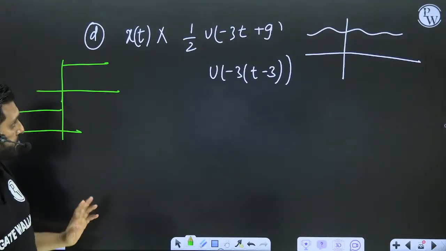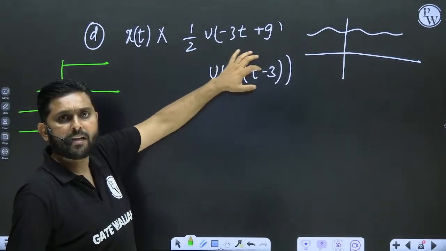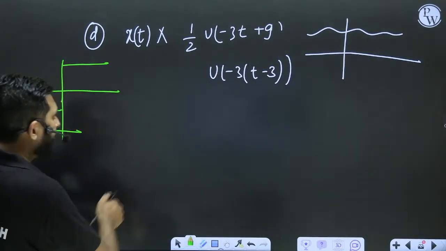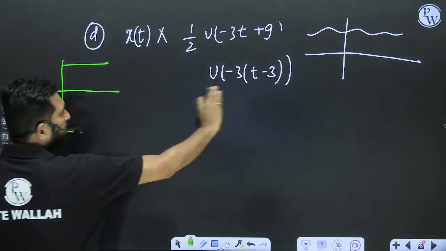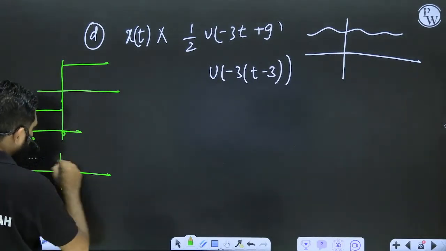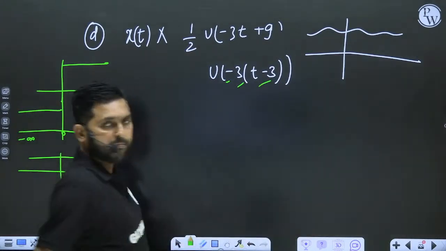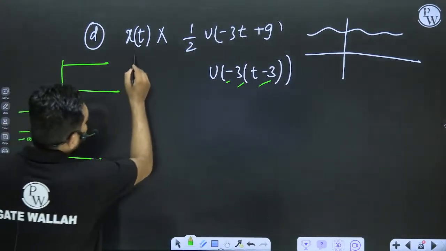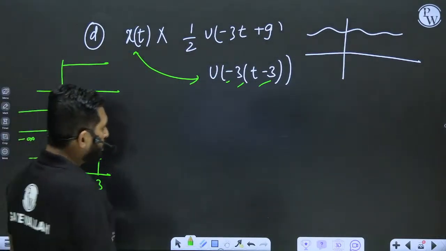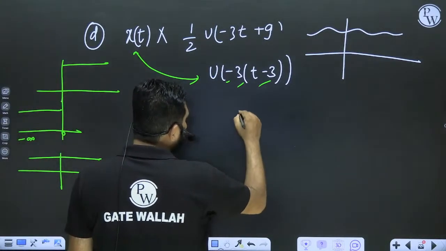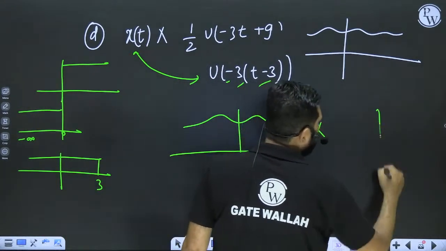Now u(minus 3t) is there, and this 3 will not make any difference. Now the complete signal is shifted to 3. This is done, this is done. And now what I have to do is multiply it by x of t. So x of t is this function multiplied by this function.